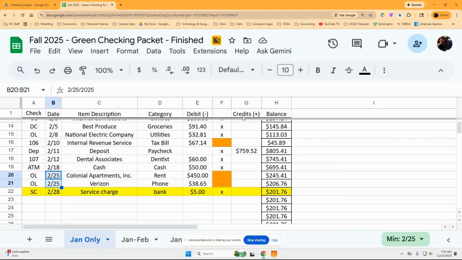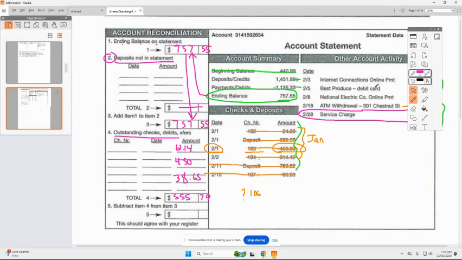We know we did them here, but the bank doesn't show that we did them, right? Those are outstanding payments. Take the bank's balance, subtract our adjustment, and we get $201.76.